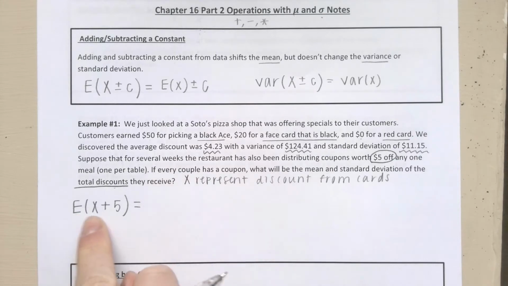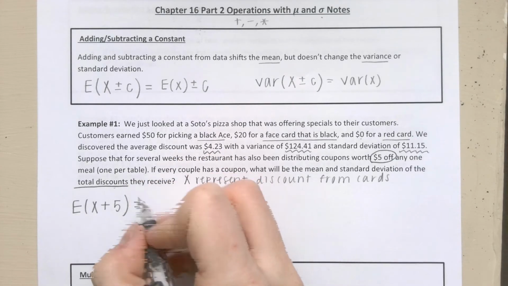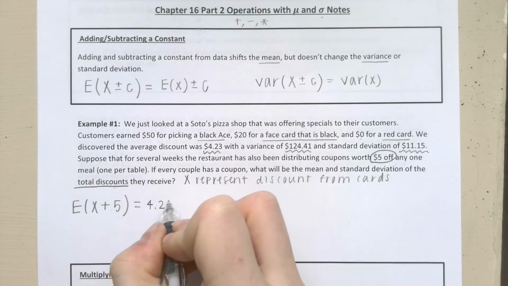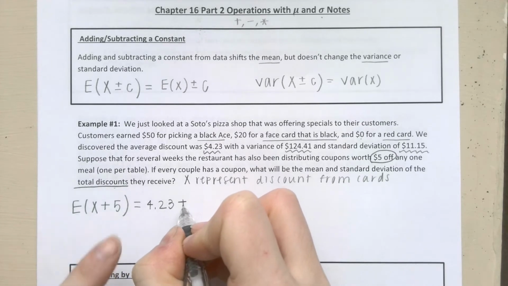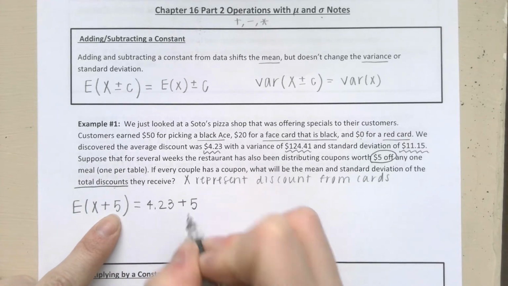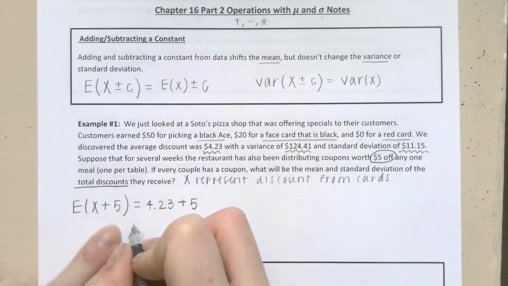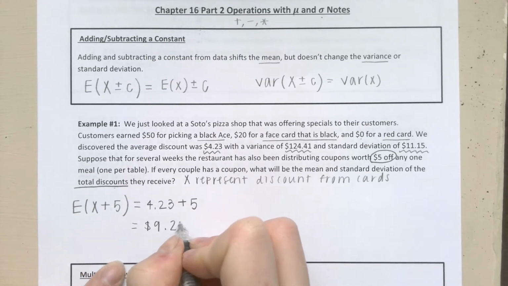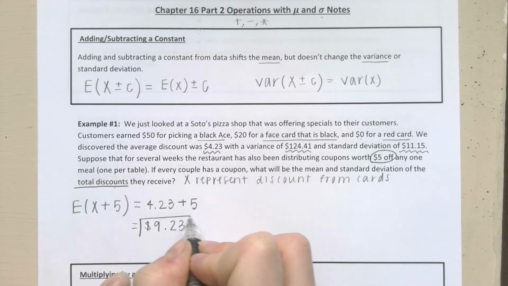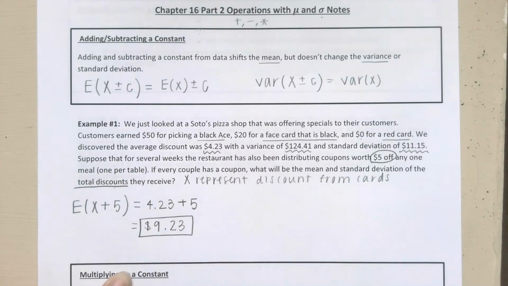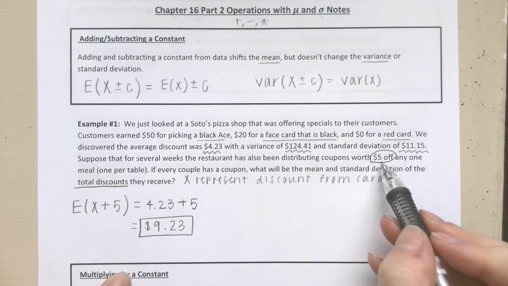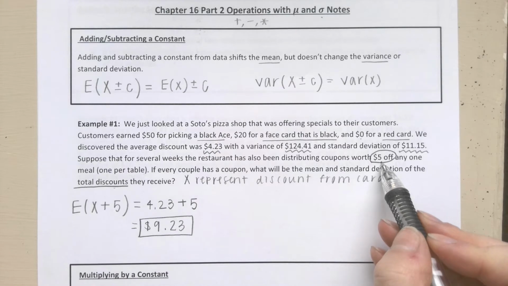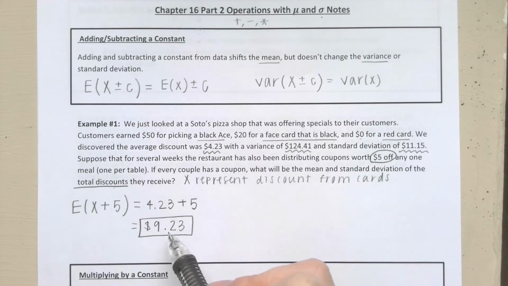We're going to take our old average, which was $4.23, and add on the additional $5 that we're expecting everybody to have, giving me a new expected value of $9.23. I like expected value or average. I think it typically makes sense. We're saying that if everybody has a $5 off discount, they have this coupon, I'm expecting my average to increase by $5.